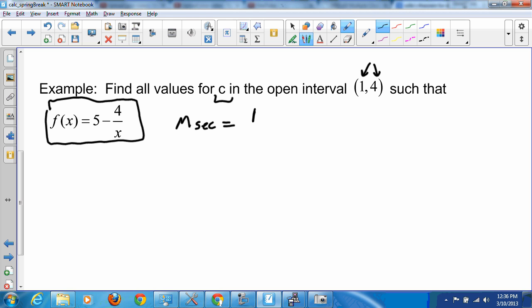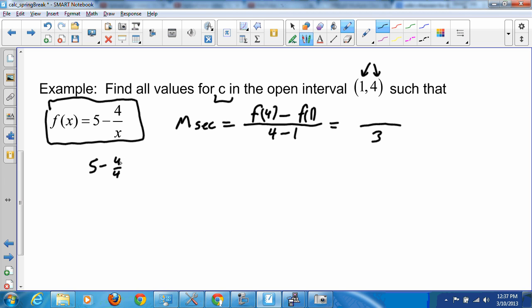So we're going to take the function value of 4, subtract the function value of 1, and then the x's on the bottom. So we have rise over the run. So this is going to equal 3 on the bottom. Let's look at the function value of 4. We have 5 minus 4 over 4, which is just equal to 1.